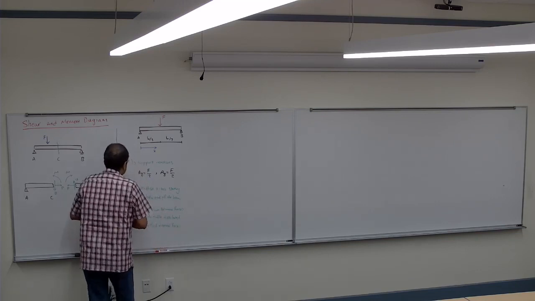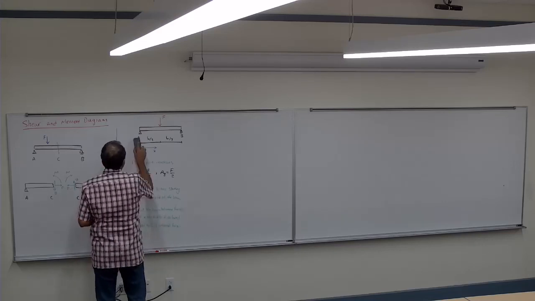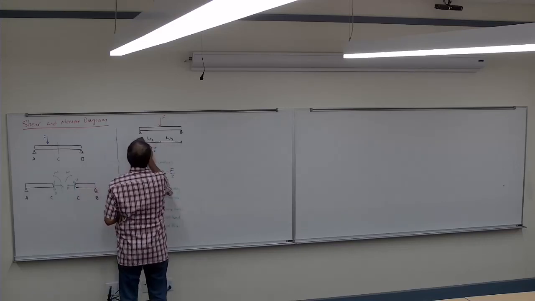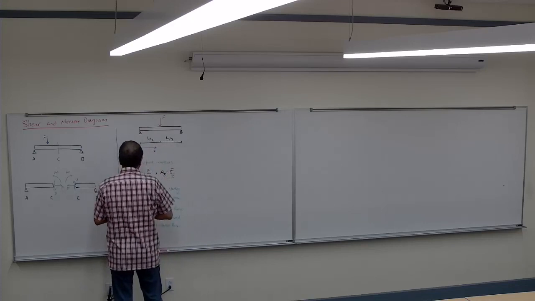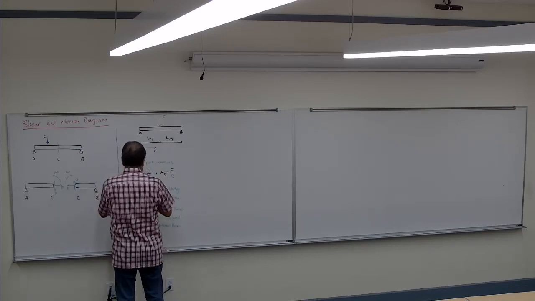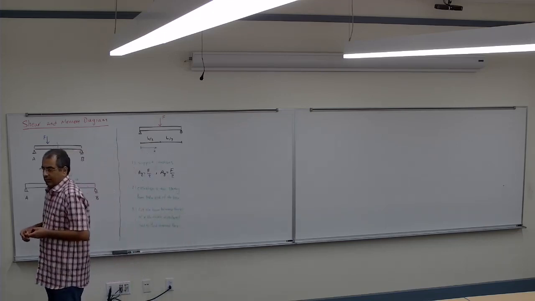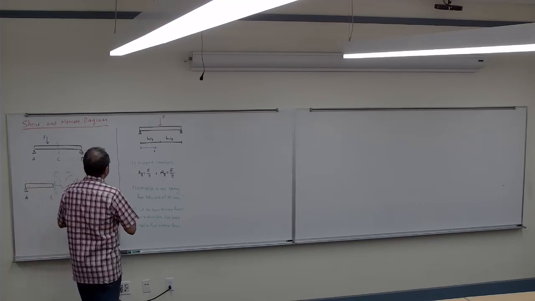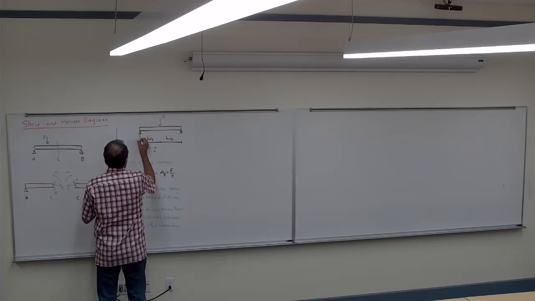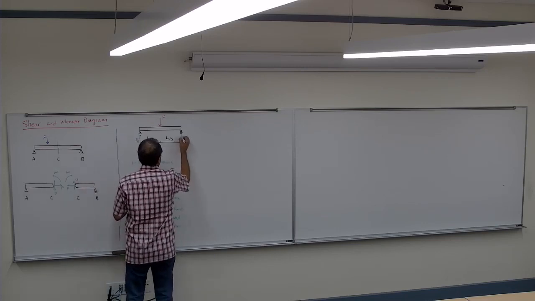So here I have the points A and B, and I have half of F here.